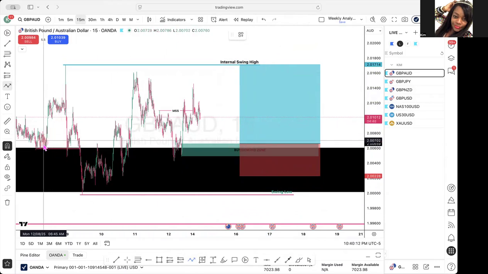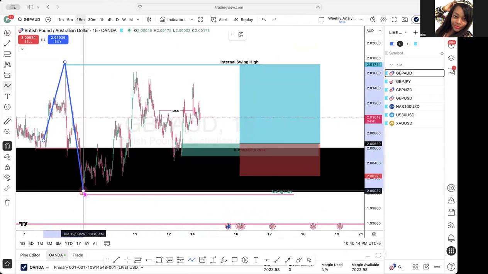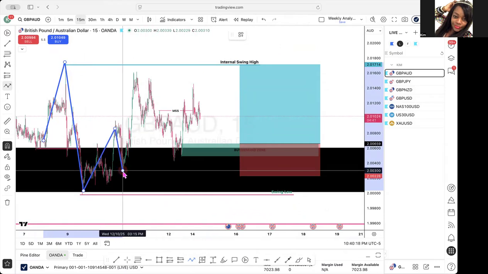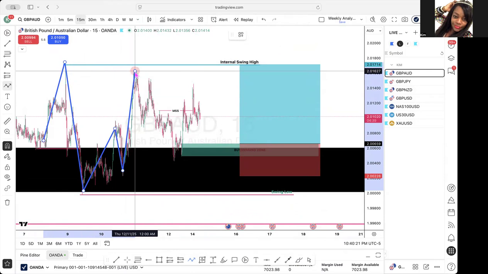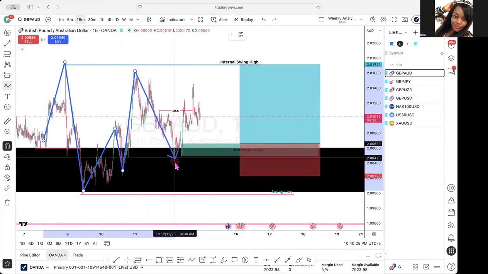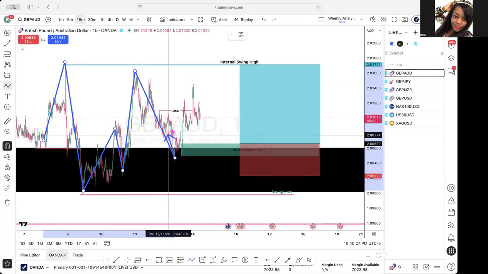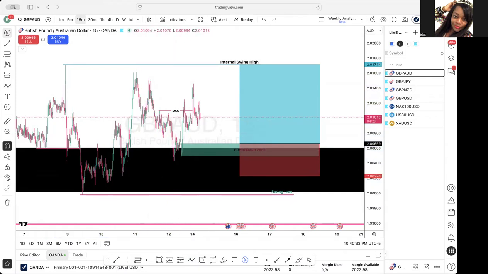One, price came here, and then price pushed up, pulled back, and gave this structure here. Price pulled back. If it was going to keep going, it would have pulled back into this internal structure here. Let me make it clear.